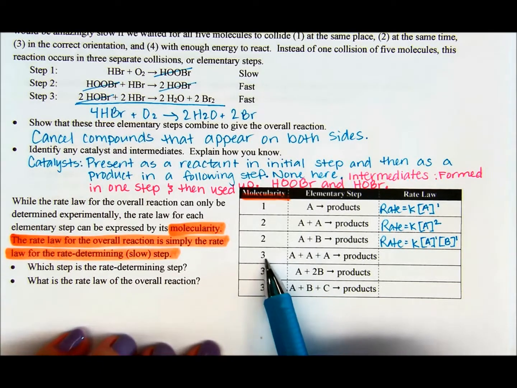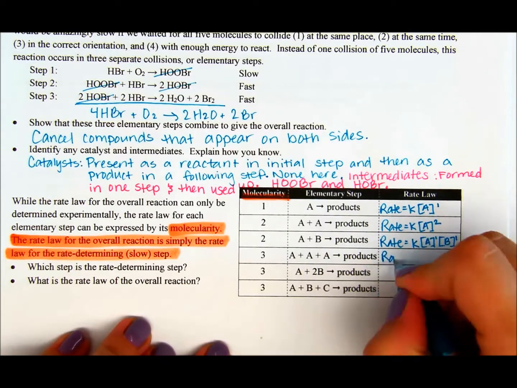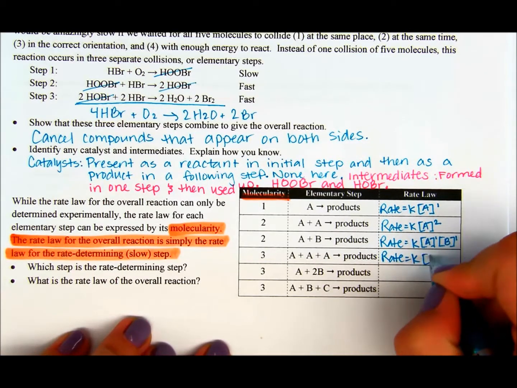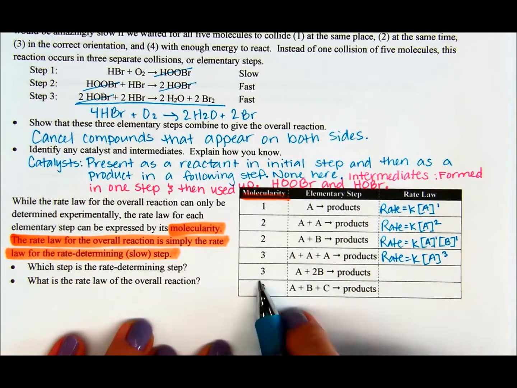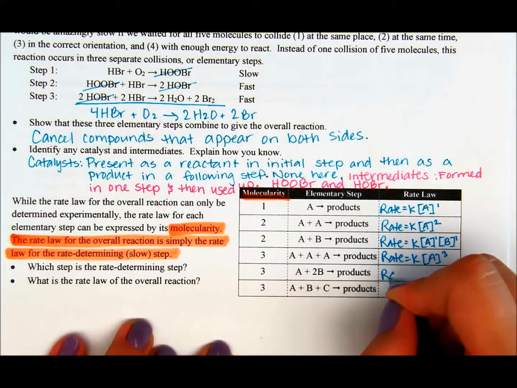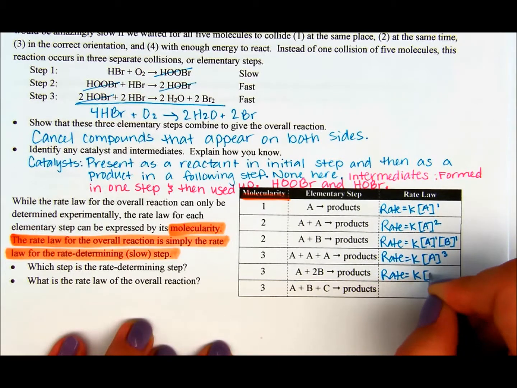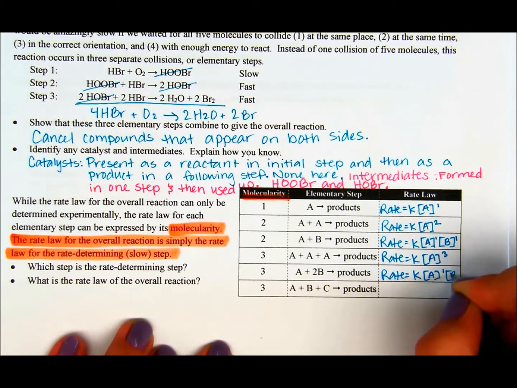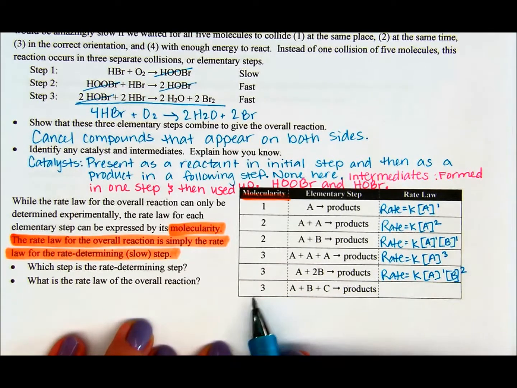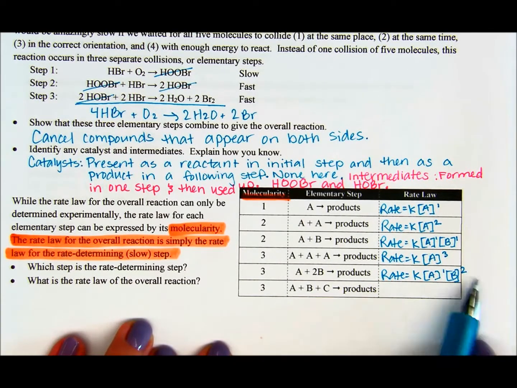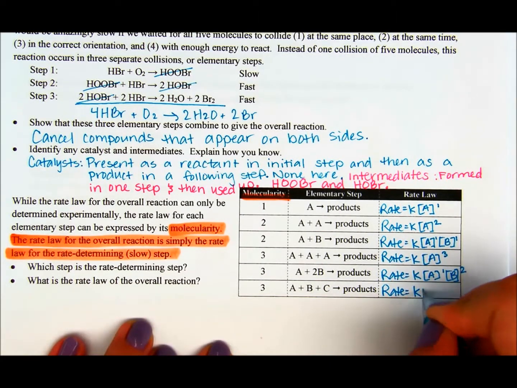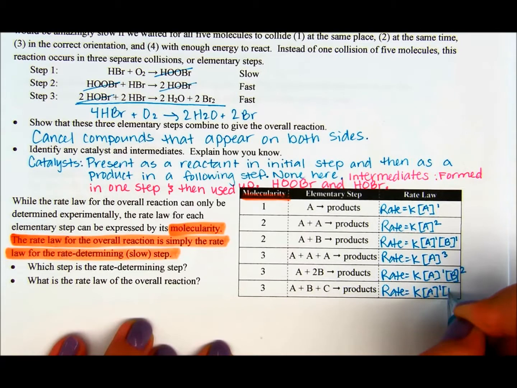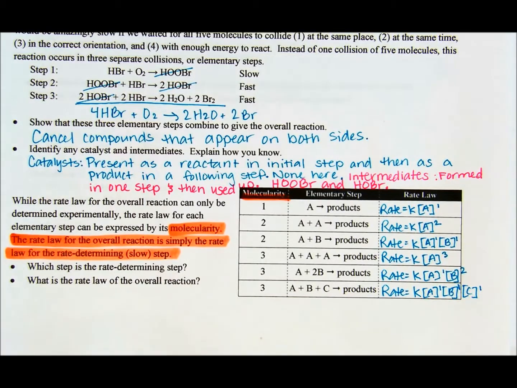Okay, the next one, molecularity is 3, and they're all A, so rate equals k[A] to the third power. Here the molecularity is 3, because you have two B's and an A, so rate equals k times A to the 1, B squared. Molecularity here is 3, 1, 2, 3, so our exponents need to all add up to 3, so rate equals k[A] to the first, B to the first, and C to the first.